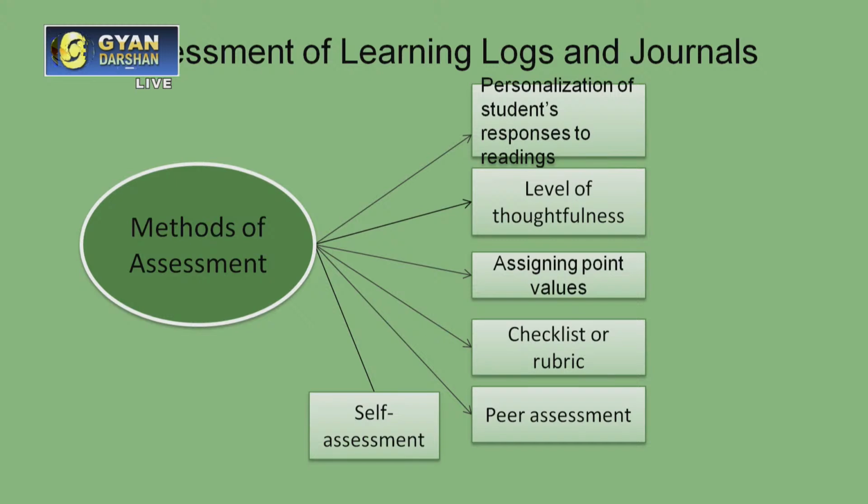So these methods of assessment will also change where it occurs: self-assessment, peer assessment, assessment using checklists and rubrics, assigning point values, level of thoughtfulness, personalization of students' responses to readings. So when we adopt these metacognitive strategies in the classroom, we can feel that the assessment strategies are also changing along with the engagement of the learners.